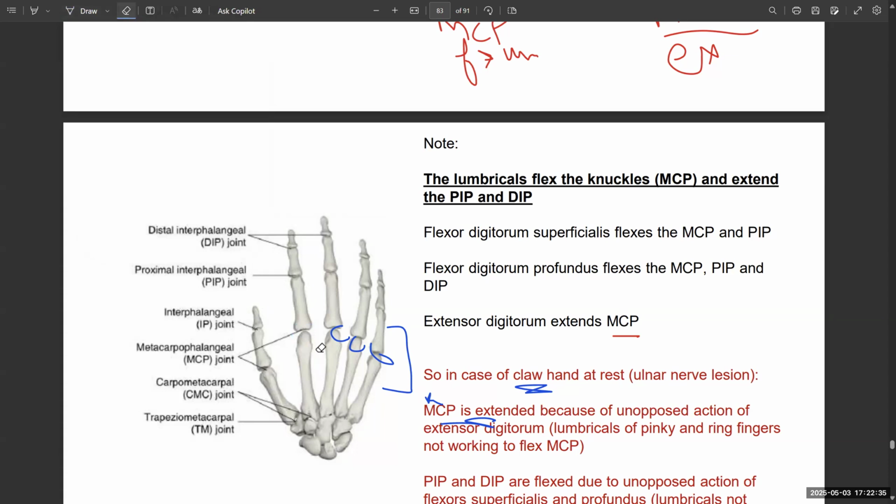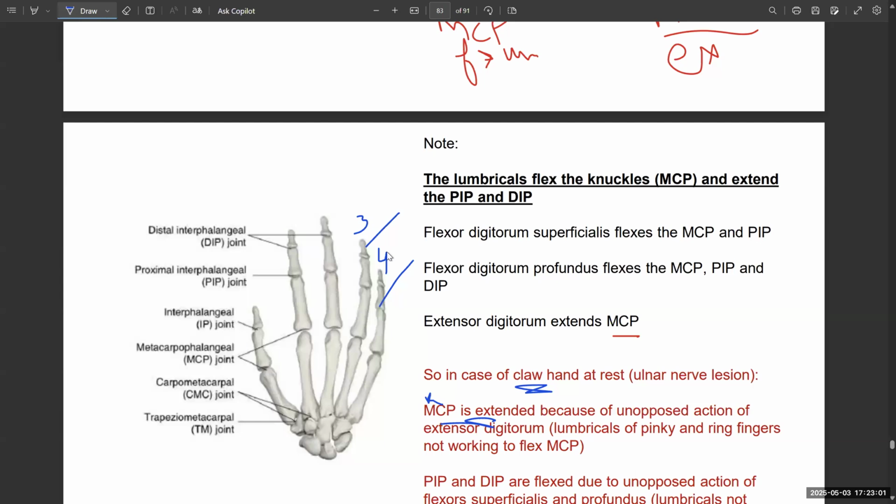However, in the case of an ulnar nerve injury, only the third and fourth lumbricals are paralyzed. So the fourth and fifth fingers are not working. Your ring finger and your pinky finger will not work properly. They'll just claw, basically.